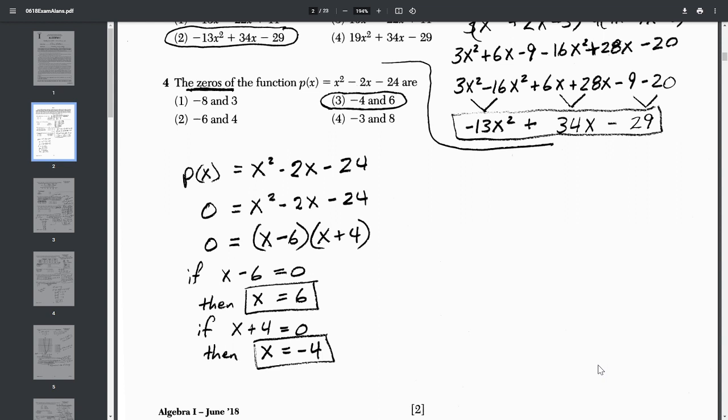And then when you set each of those factors equal to 0, you're going to get x equals 6 and x equals negative 4. Another way you could have found the zeros is to set that equation equal to y and then graph it and look at where it hits the x-axis. The zeros of a function are where it hits the x-axis. So question number 4 is choice 3.